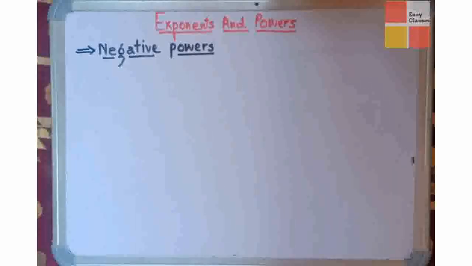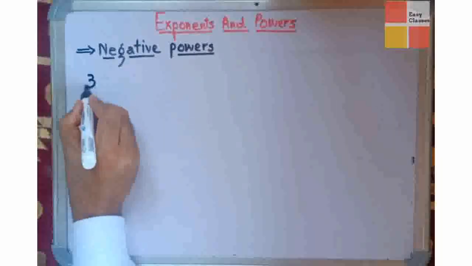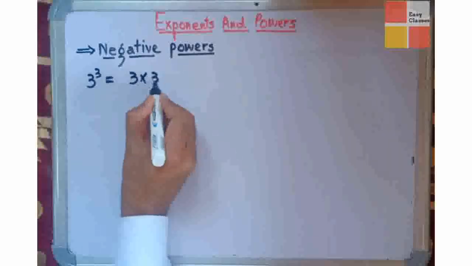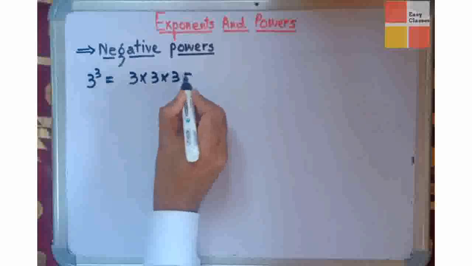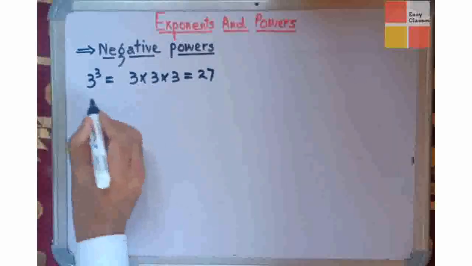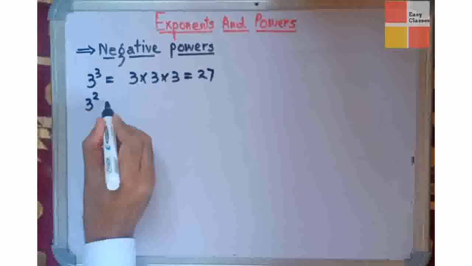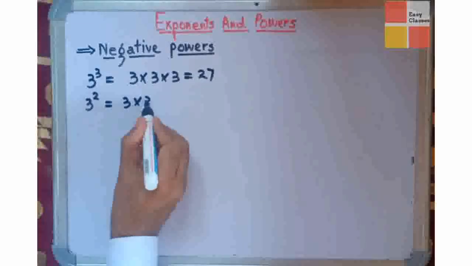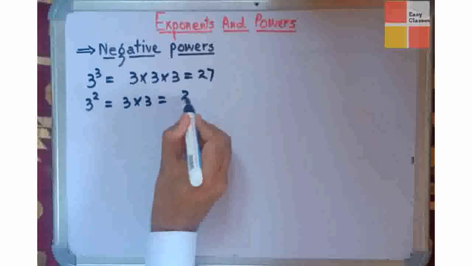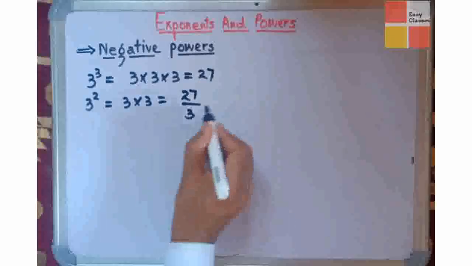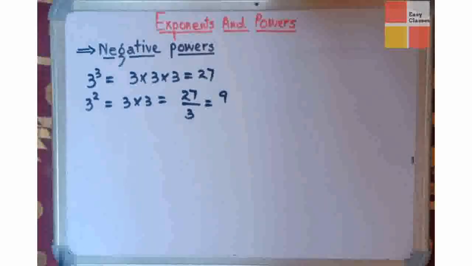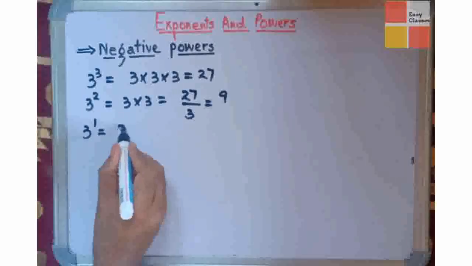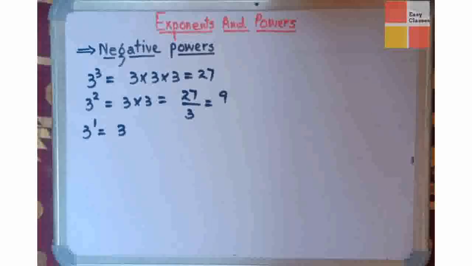Let's take another example. Say for example 3 raised to power 3, that is equal to 3 times 3 into 3, that is equal to 27. Fine. 3 raised to power 2 is equal to 3 into 3. That means the previous value 27 divided by 3, that is equal to 9. Right. 3 raised to power 1 is equal to 3, only once.